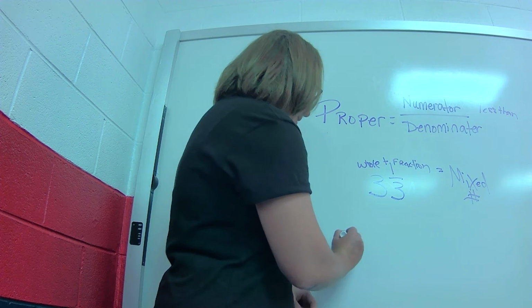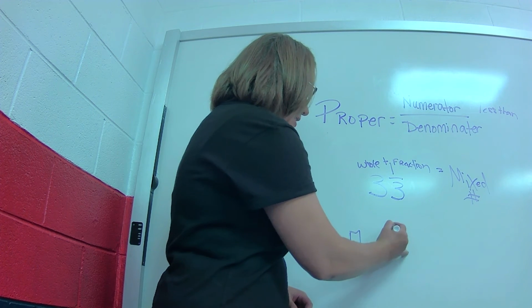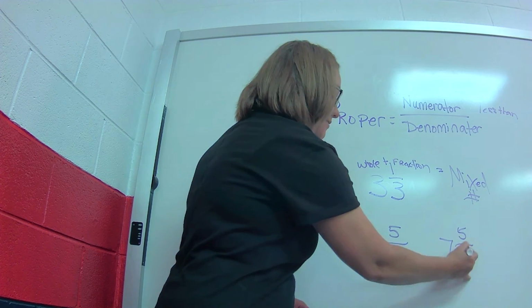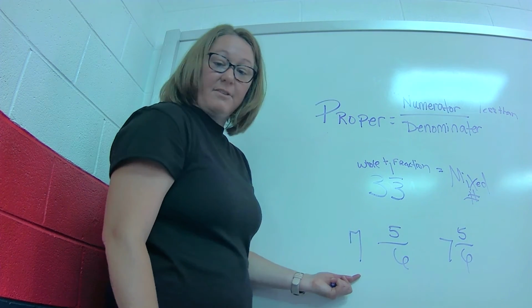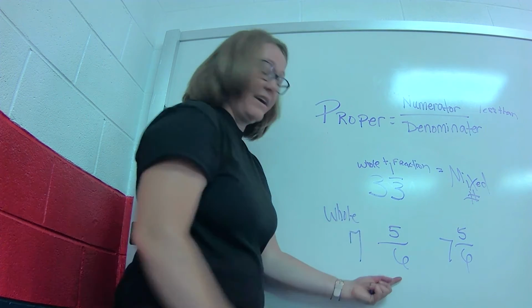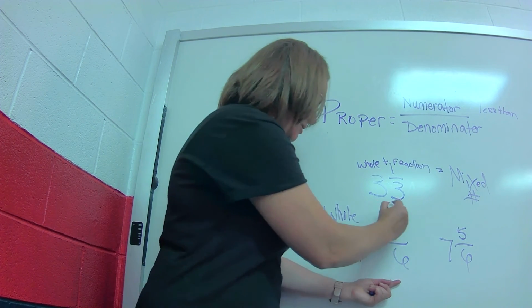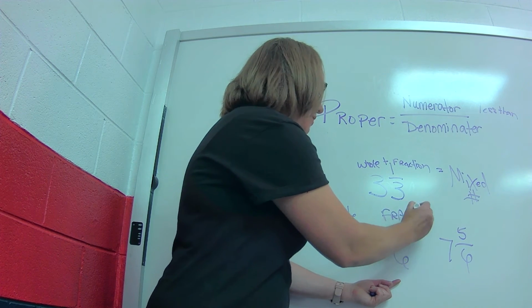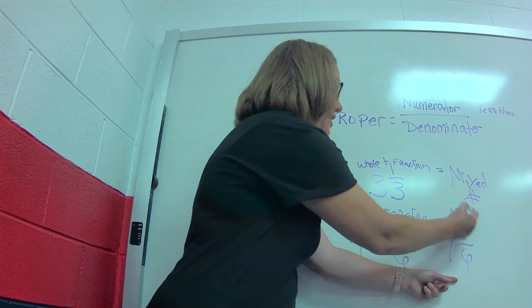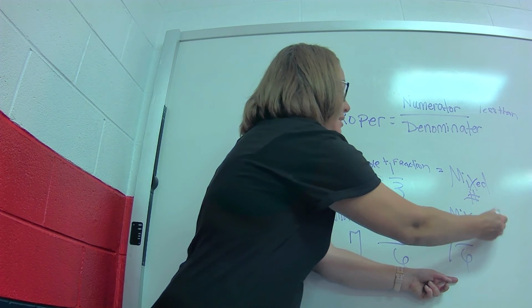Let's say if I wrote a 7, say I write 5/6, now say I write 7 5/6. 7 is a whole number, 5/6 is a fraction, but if I put the 7 and the 5/6 together, I have a mixed number.